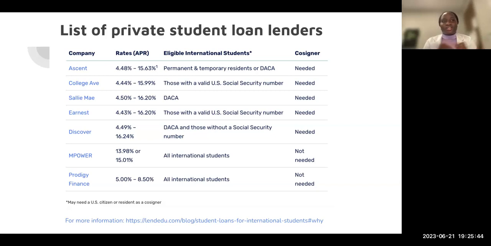The difference between paying $25, which is like an extra $300 that you have to borrow, or just signing up for automatic payments, they come out about the same. But at least with $25, you're mentally saying that you're paying back your loans. That helps you. Does anyone have any questions before we go to our last slide?